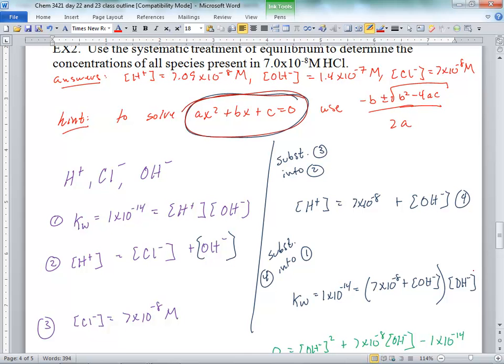I added these two before I took the square root. It has to be negative b. You have to take the square root of this whole mess. Yeah, which is 2.2. That's the square root of it, and then before I divided by 2.